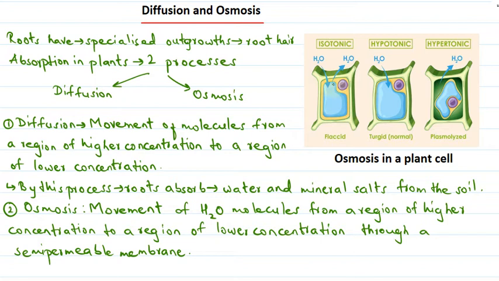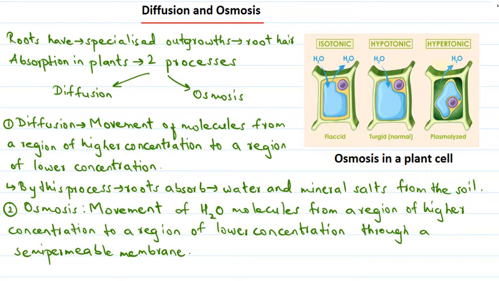The amount of water entering the cell is equal to the amount of water moving out of the cell. So in such condition an equilibrium is maintained, and the plant cell becomes flaccid.